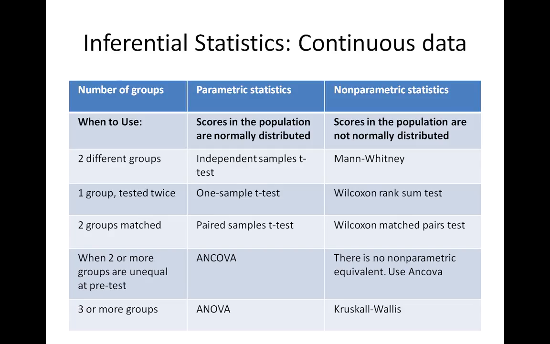So if you're looking at pre-tests and post-tests on oral reading fluency, or on the NWEA or the MCA, things like that, you would use an independent samples t-test.